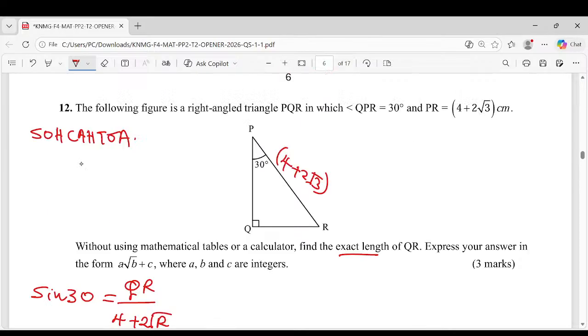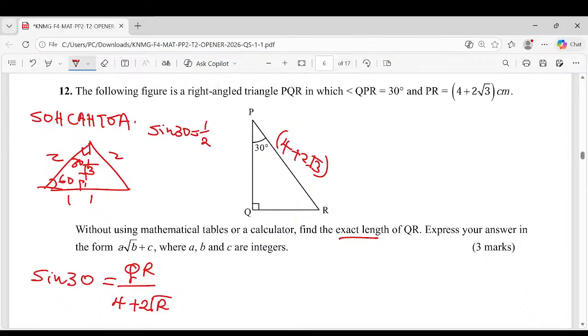Remember the equilateral triangle that we used to draw that measures 2, 2. Then when you subdivide this, this will be 1, 1. So this is 60, this is 30, and this will be root 3. So when you talk about opposite over hypotenuse, sine 30 is equivalent to a half.